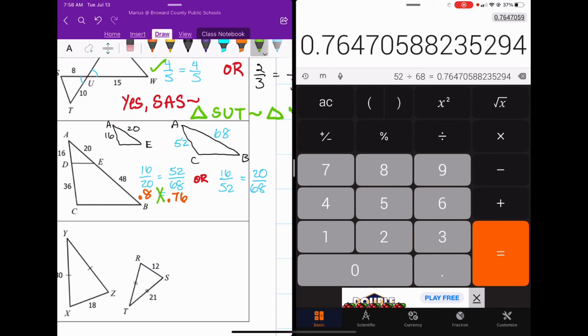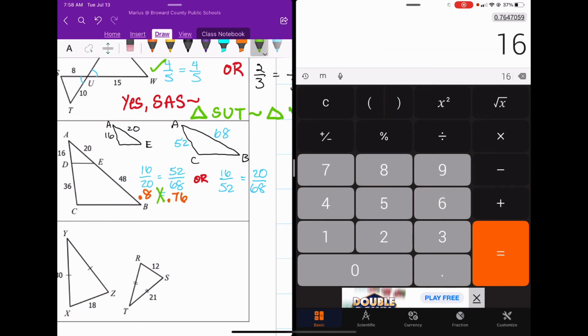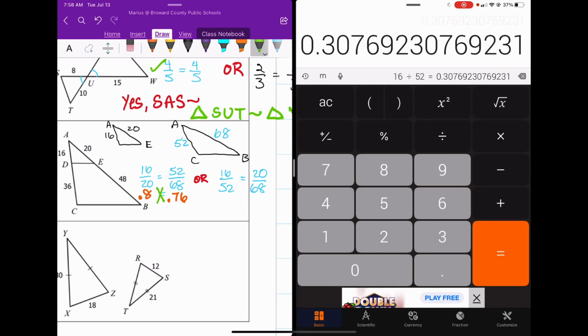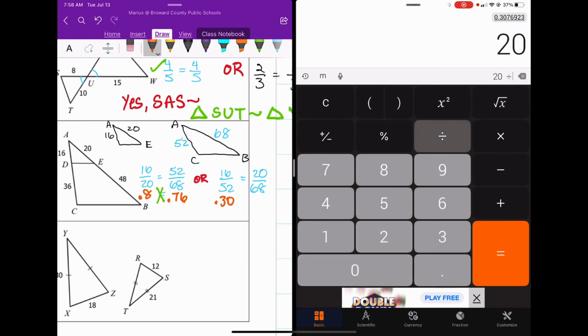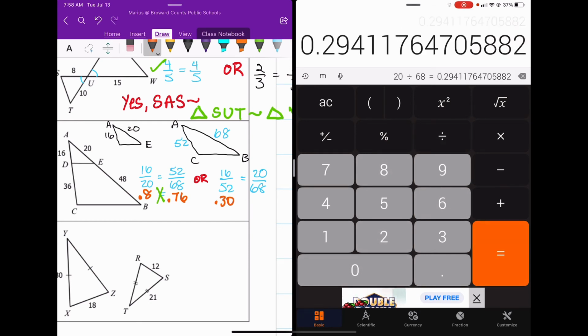Now, even if we do the other proportions, 16 divided by 52, that's equal to 0.30, roughly. And if we do 20 divided by 68, that's equal to 0.29. Once again, these are not equal.